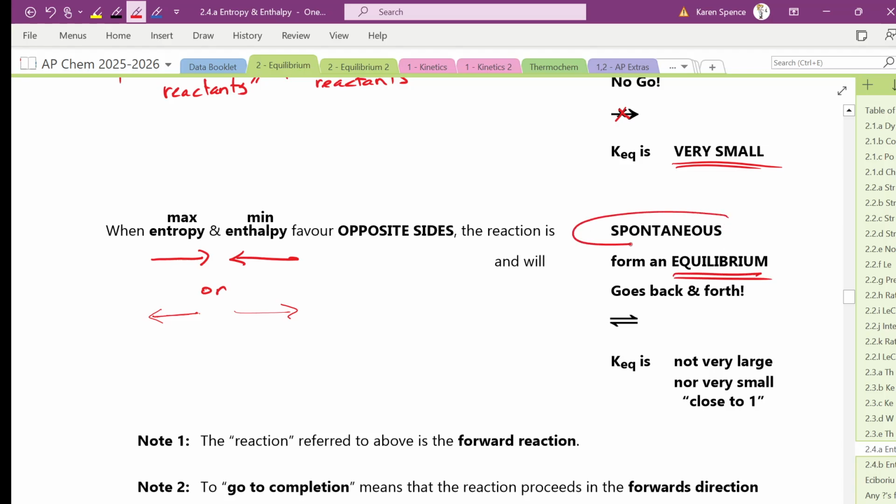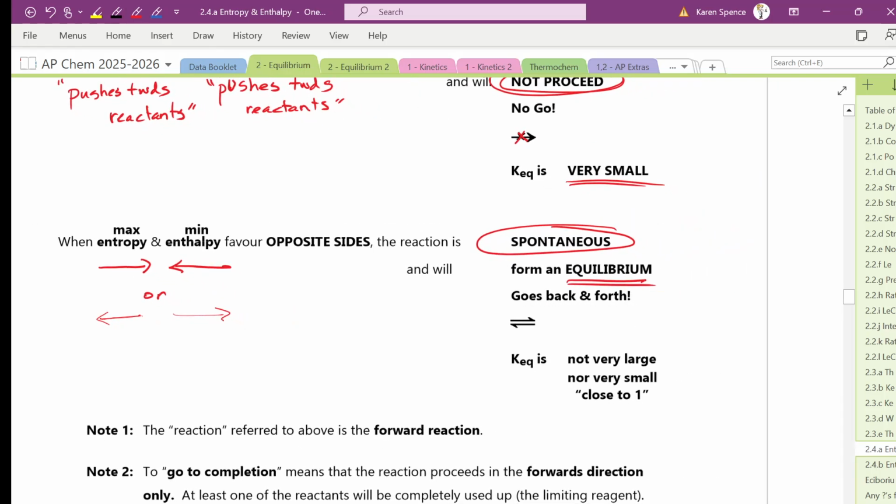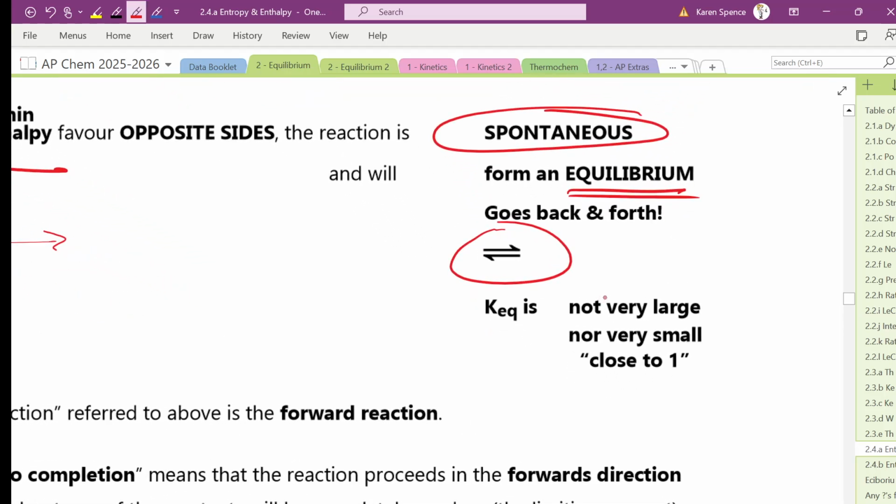It is still a spontaneous process. It will spontaneously reach an equilibrium. It goes back and forth, and of course we've got our equilibrium arrows, and KEQ is not very large, it's not very small, it is close to 1.